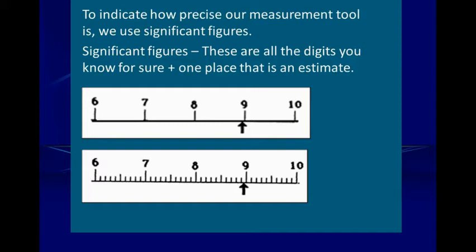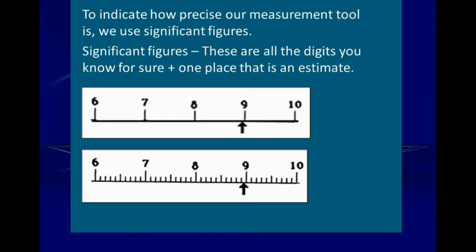The top ruler only has markings every one, let's just say, centimeter. That means that it is not as accurate as the next one, which has markings every centimeter, but then every centimeter is broken up into 10 spaces. So it's every millimeter.